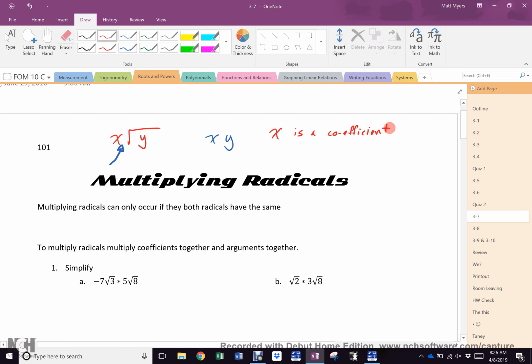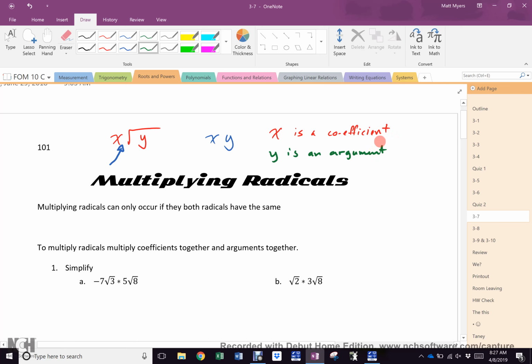Okay? The y is what we call an argument, because the y is going to change what happens to the x, right? So x is a coefficient, y is an argument. And we know that coefficients multiply by an argument.